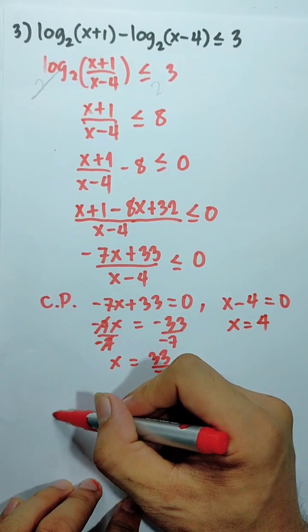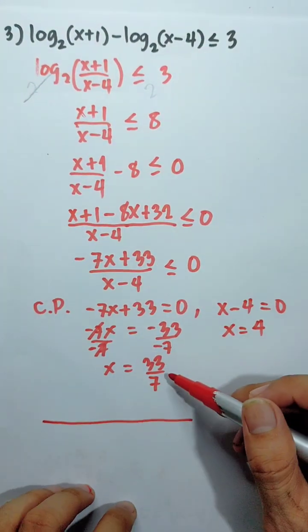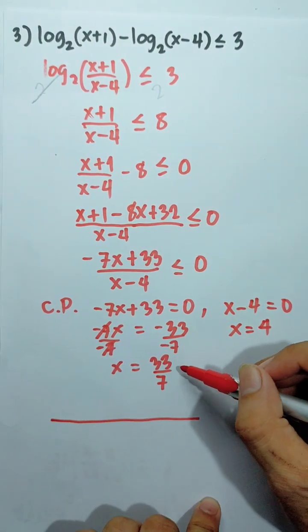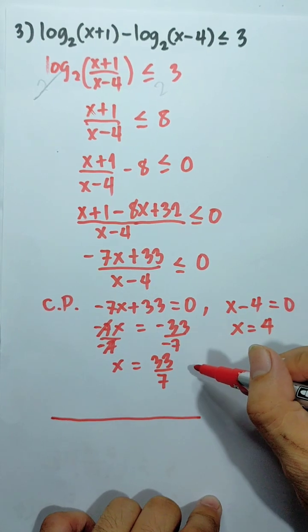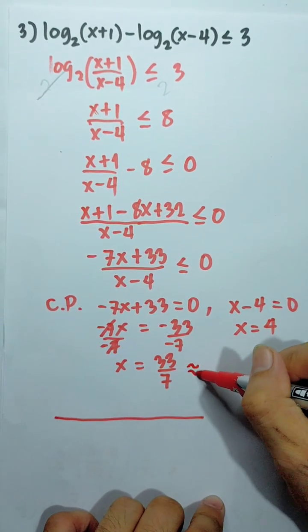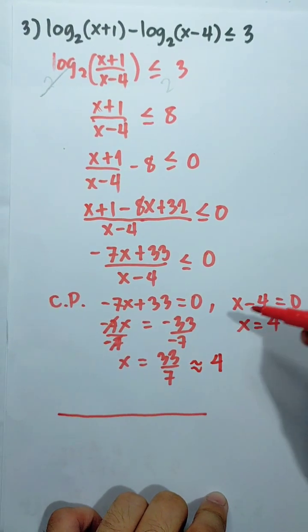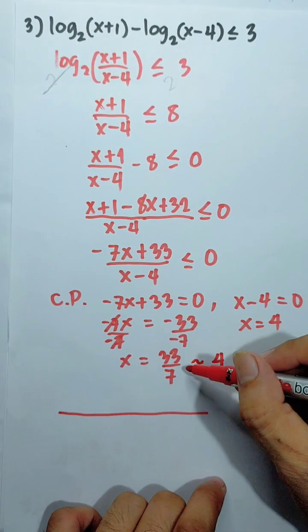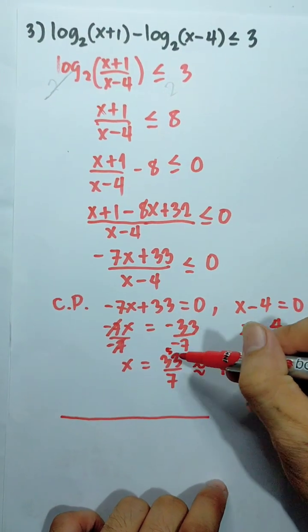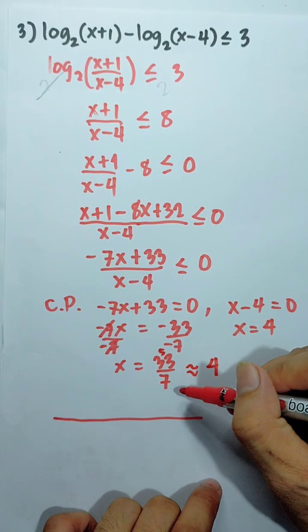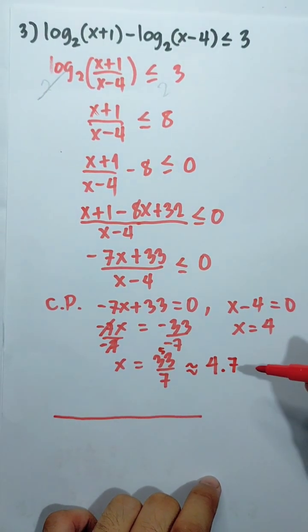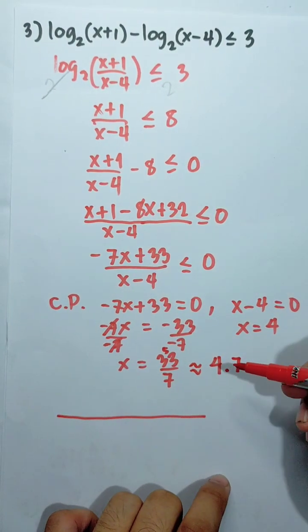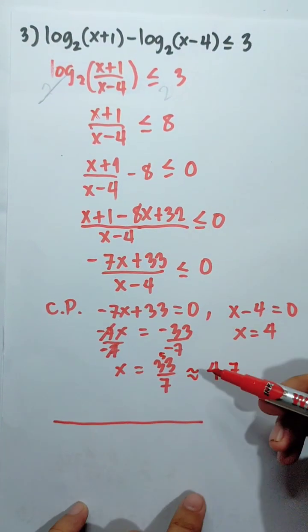Now let's do the test points method. 33 divided by 7, that is 4, approximately 4. That's 28, so you have remainder 5. 53 divided by 7, so we got 0.7, so approximately 4.7.